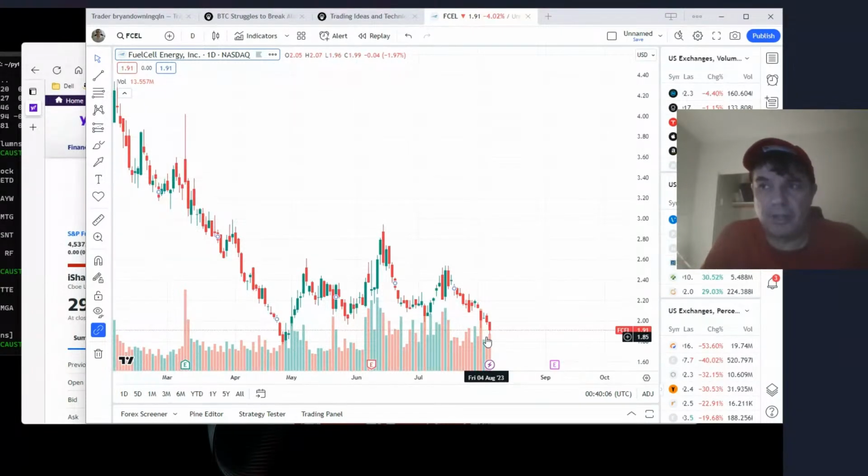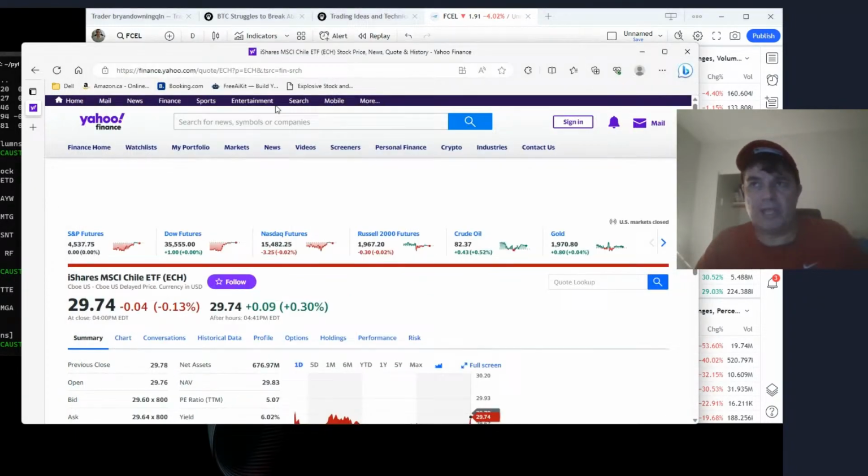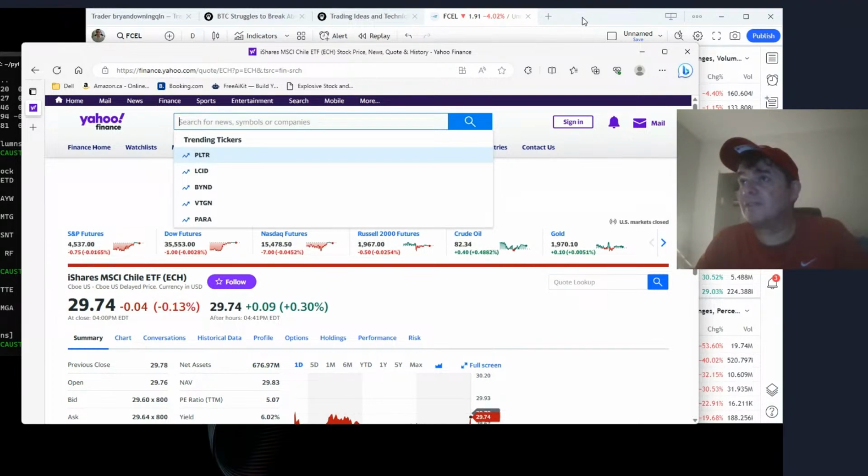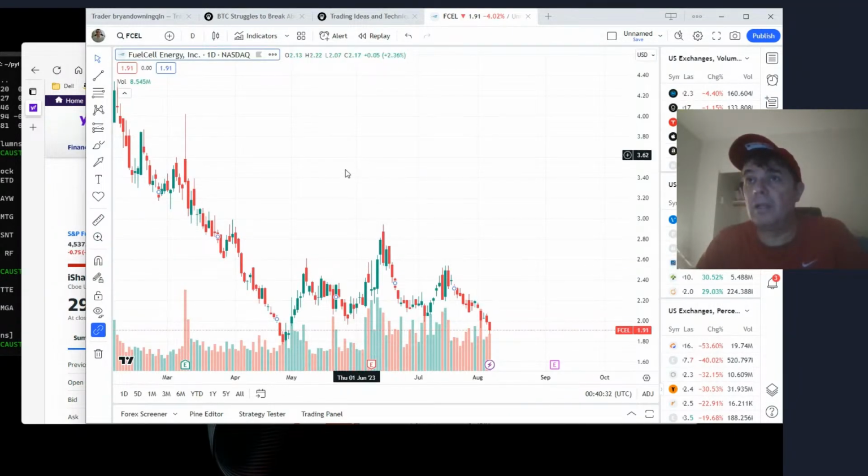Not sure on that. I can't say. What's going to drive that is going to be a positive news story from that company. Also, it depends on its ability for forward guidance. Actually, I could show you how to do that. What was that symbol? FCEL.